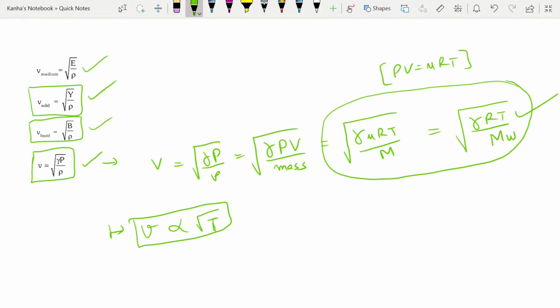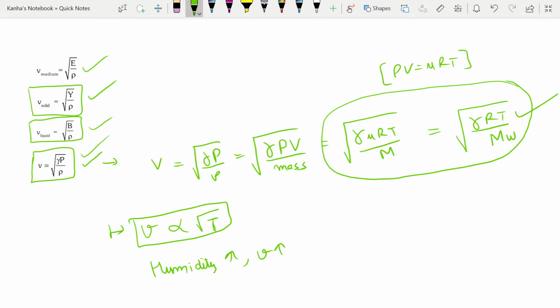With an increase in humidity, the density decreases. Because you have this equation, gamma P by rho, we conclude that a rise in humidity leads to an increase in the velocity of sound. So as the humidity increases, my velocity of sound increases.